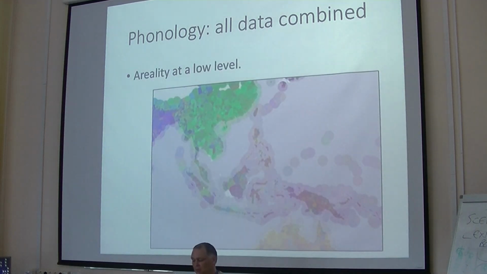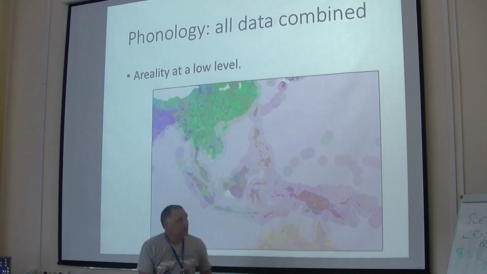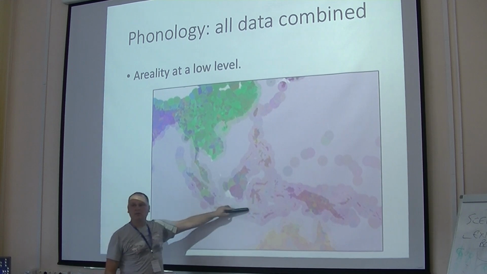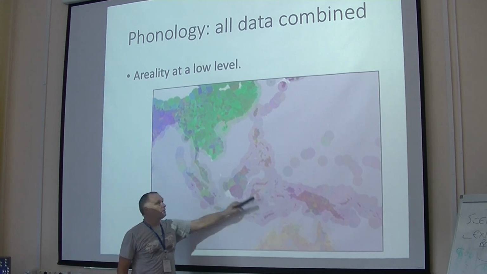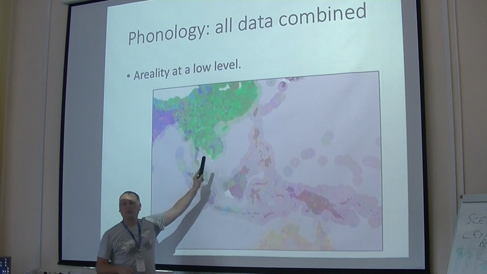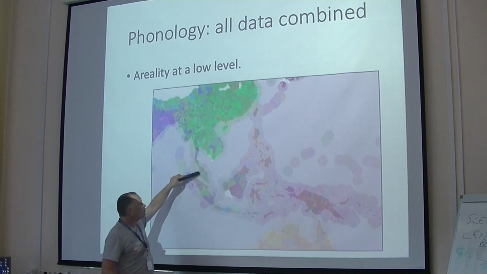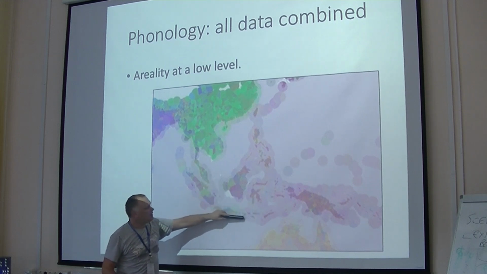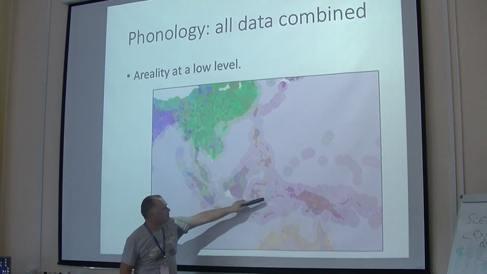If I zoom in to the part of the world we've been examining, you can see the green fading out as we head out this way. That mainland Southeast Asian pattern that we detected categorially is present to a limited extent as we head out, and then pretty much here's the end of the green, except maybe blue.